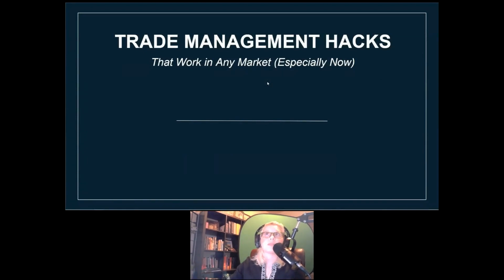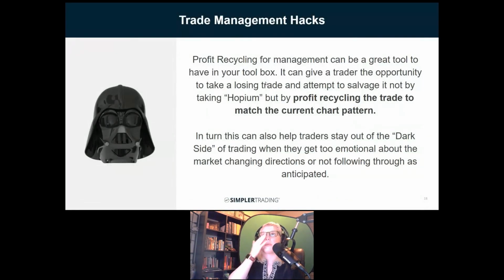So, trade management hacks that can work in any market, but have especially been good for the market that we're in now. So, profit recycling for management can be a great tool to have in your toolbox. It can give a trader the opportunity to take a losing trade and attempt to salvage it by not necessarily taking hopium and hoping that it works out, but by profit recycling the trade to match with the current chart pattern.